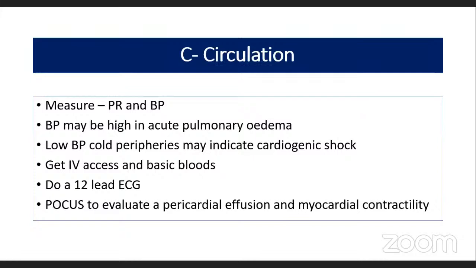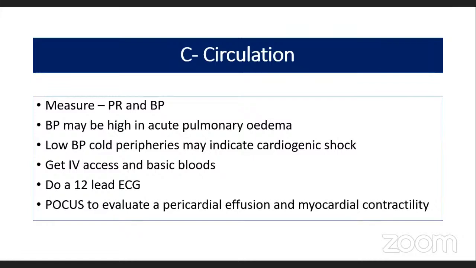We want to identify any electrolyte abnormalities, acid-base status, and respiratory distress, which we can identify with the blood gas. Usually we prefer a venous blood gas rather than an arterial blood gas because in almost all cases we can get a correct reading with the venous blood gas, except when the patient has a saturation less than 92. In that case I would recommend going ahead with an arterial blood gas. But in all other cases, please do a venous blood gas. No point in doing an arterial blood gas.